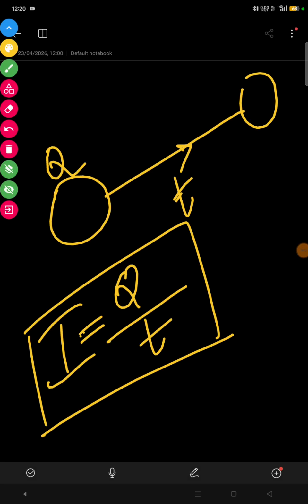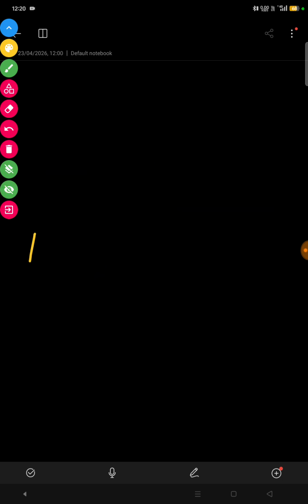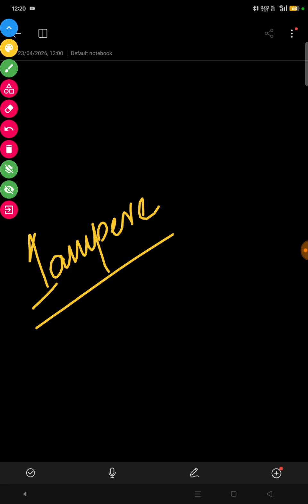From here we can come to a conclusion. What is the meaning of 1 ampere current? 1 ampere current is when 1 coulomb of charge flows through a cross section of a conductor in 1 second. The electric current flowing through it is called 1 ampere.